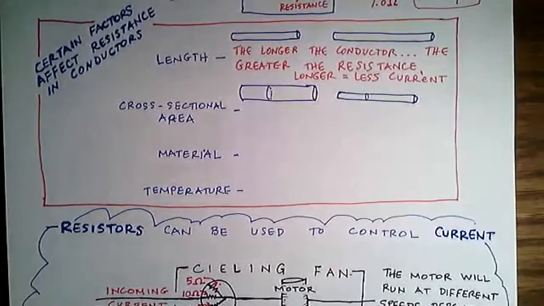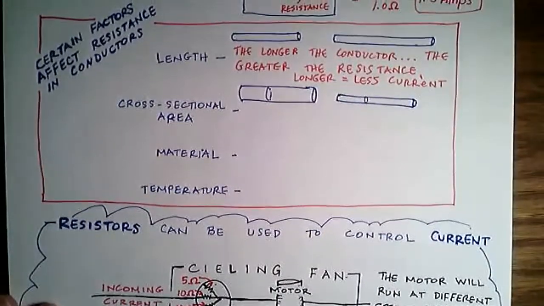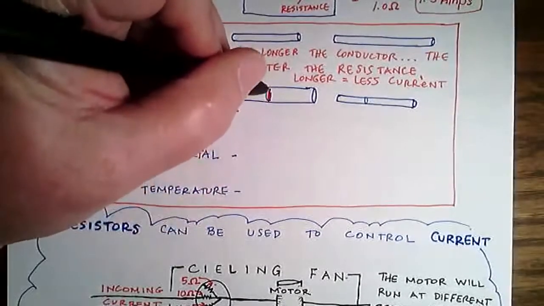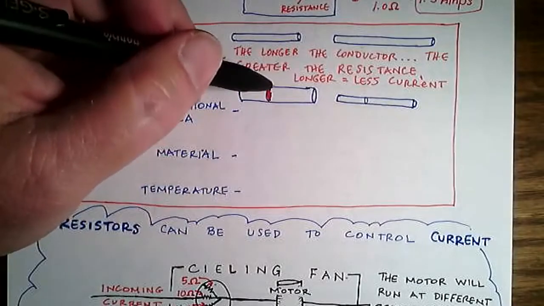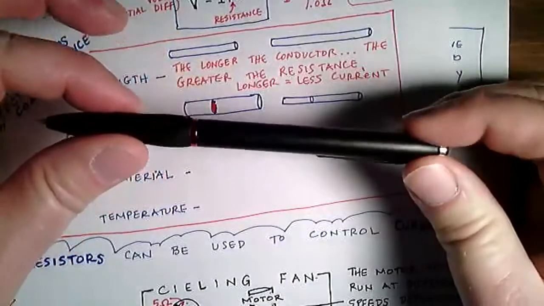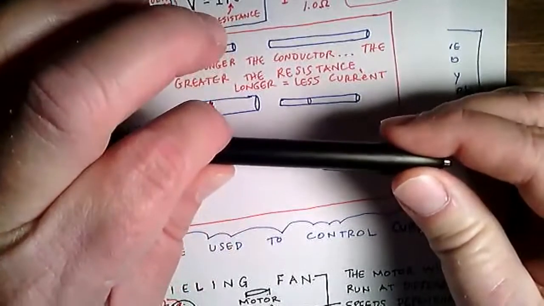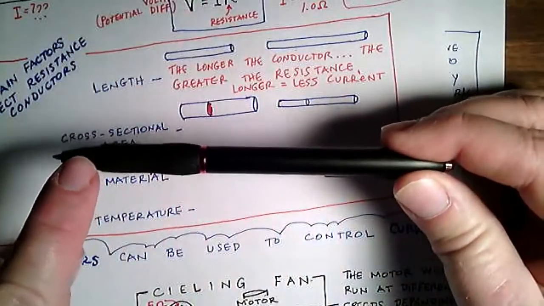Okay, the second factor that I want to go over with you guys is what is called cross-sectional area. And if you think about this, this is essentially if I have a wire, it's going to have a certain thickness. I mean, let's just say that my pen here is my wire. The thickness of this pen is going to determine the pathways that are available for current to move from one place to another.